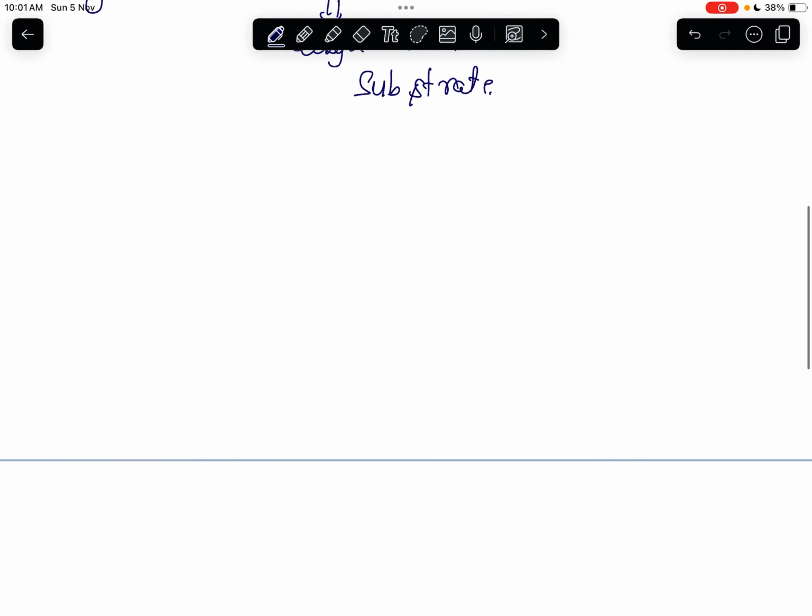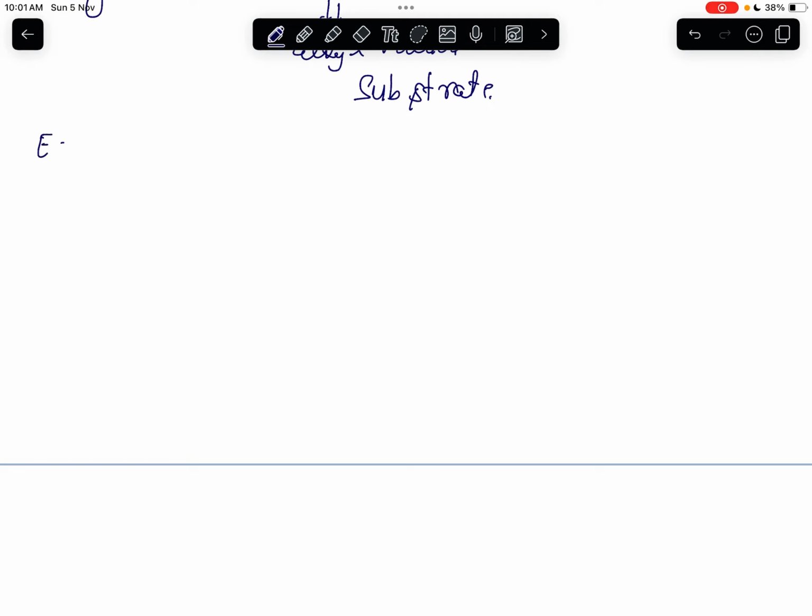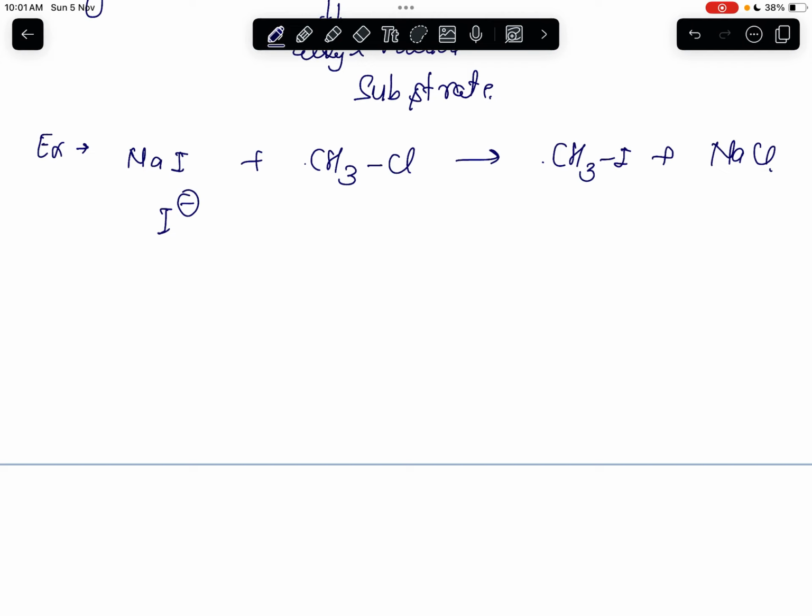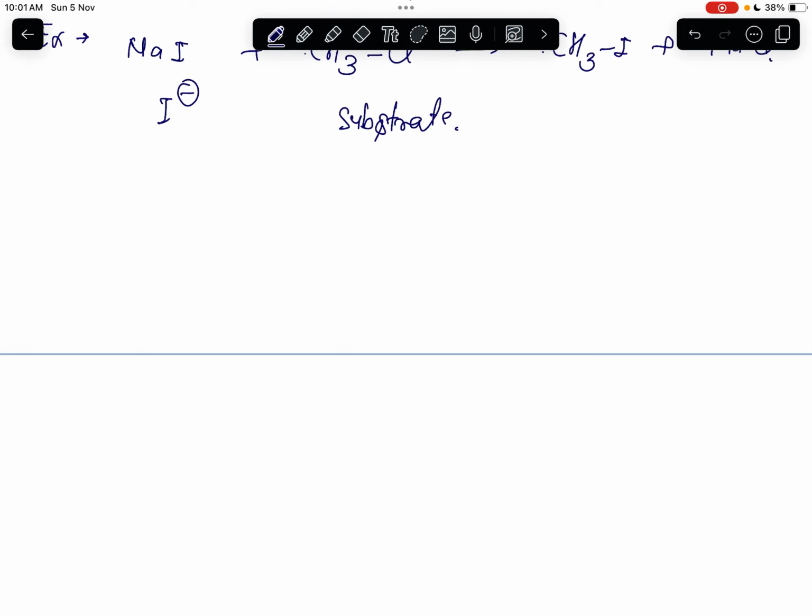Now let's see some examples. NaI is treated with CH3Cl and it generates CH3I and NaCl. Here the attacking reagent is I negative as a nucleophile and the substrate is methyl chloride. Let's see another example.